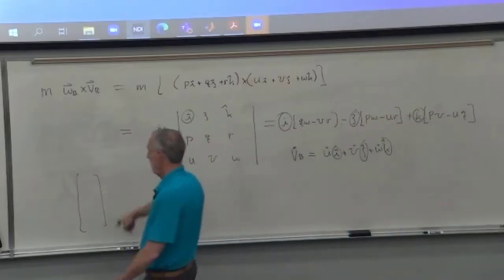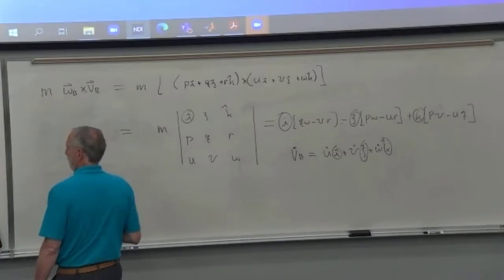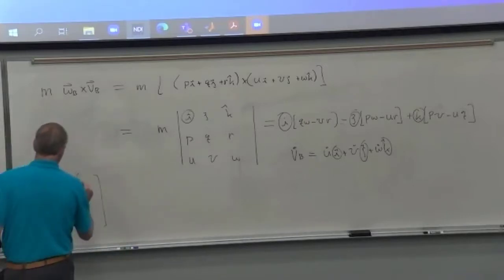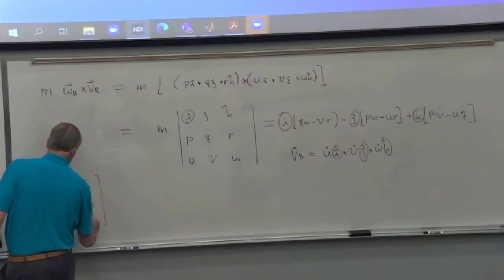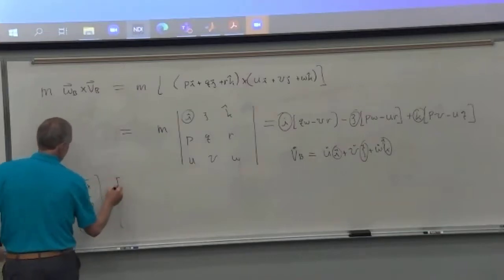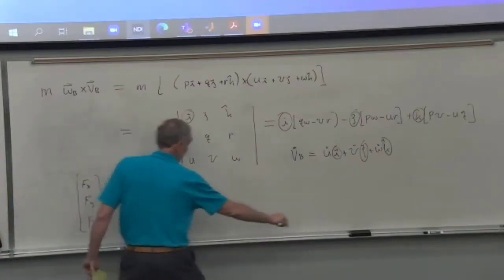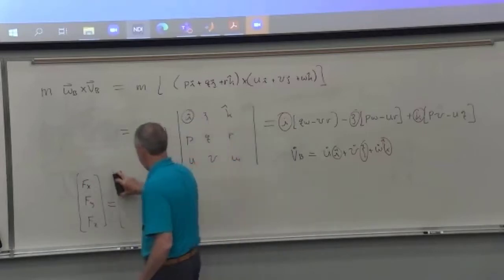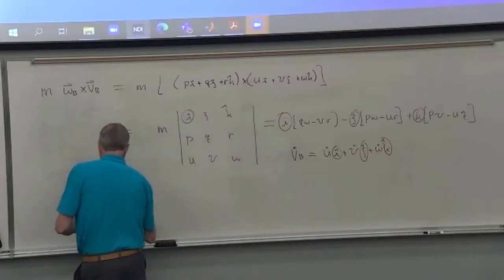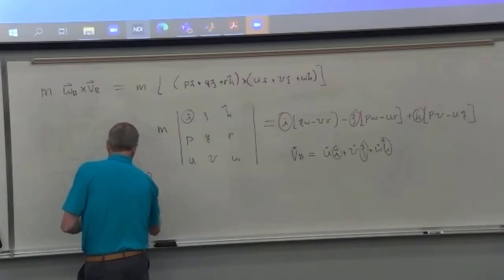We're going to write these as column vectors instead of I, J, and K, and then the left-hand side is just the forces Fx, Fy, and Fz are equal to M times the VB dot.